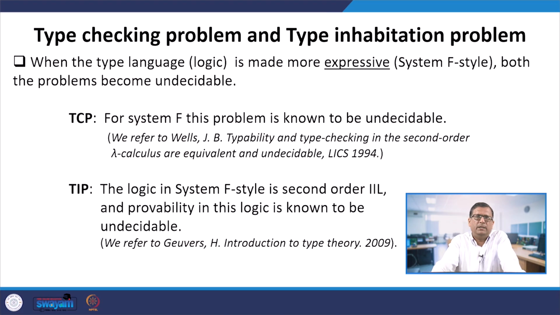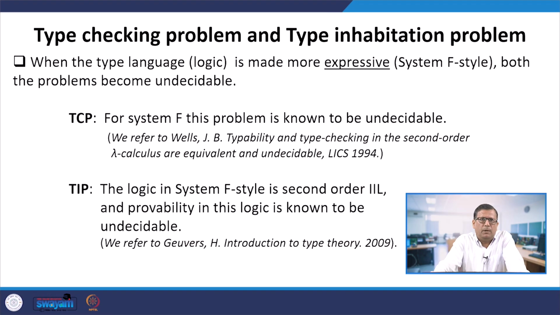For System F, this was shown by Wells in the seminal paper 'Typability and type checking in the second order lambda calculus are equivalent and undecidable'. It appeared in LICS 1994. So we refer to this original paper for this result. We are merely stating that it is undecidable.